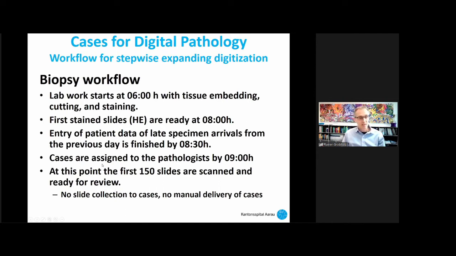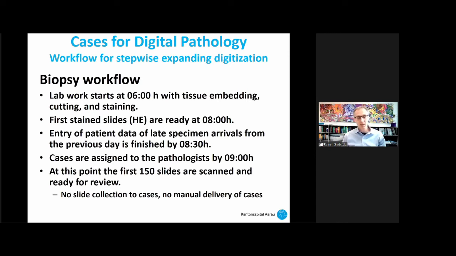So that brings us to the workflow question. I don't know how it works in your lab. I've seen pathology departments who pile up the slides in the lab, and the pathologists just make a visit to the lab, take some cases from the pile and review those cases.